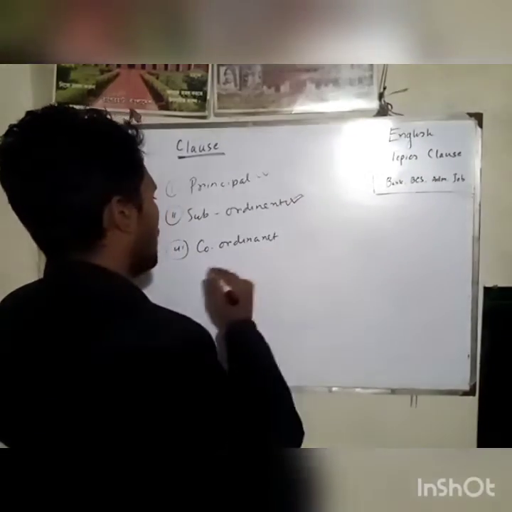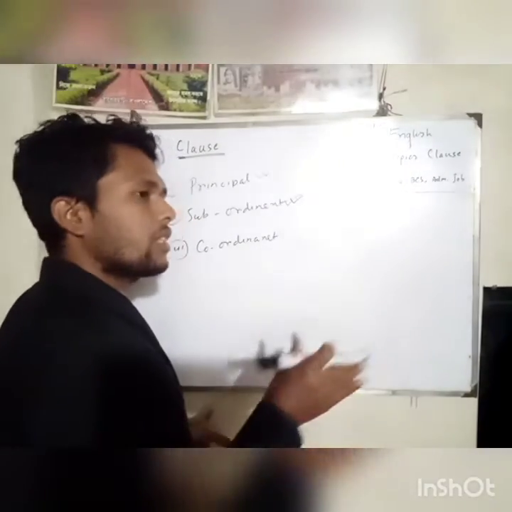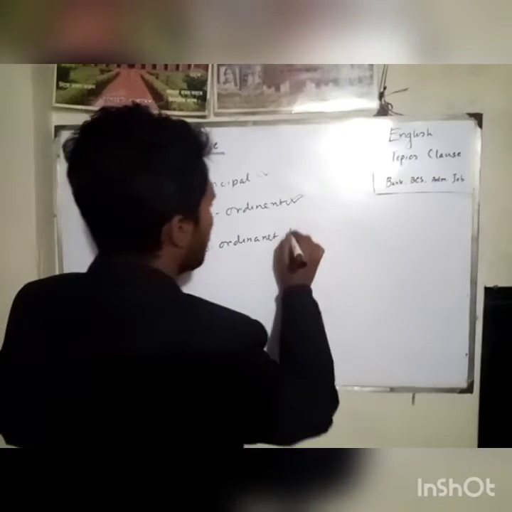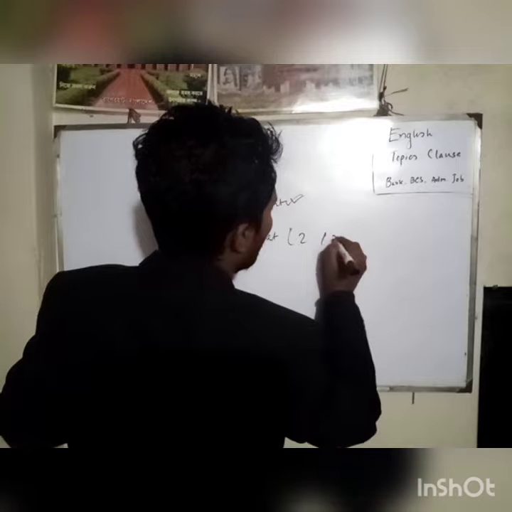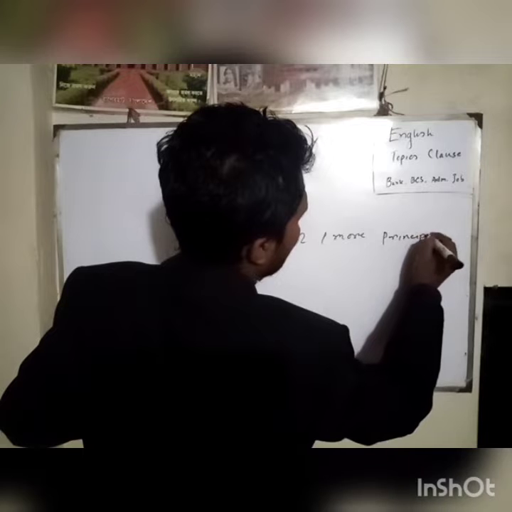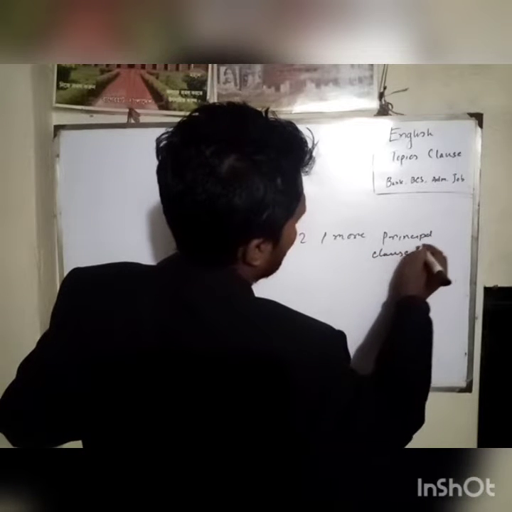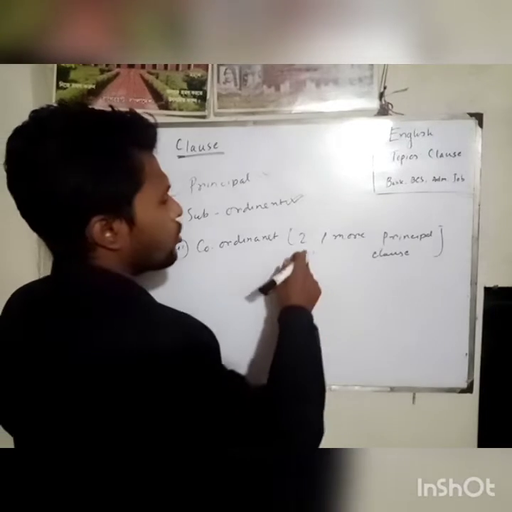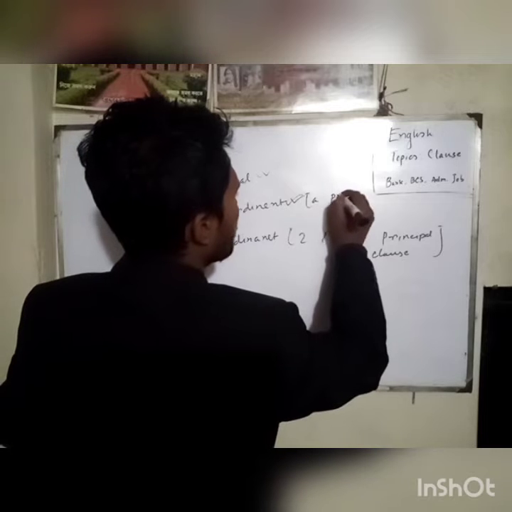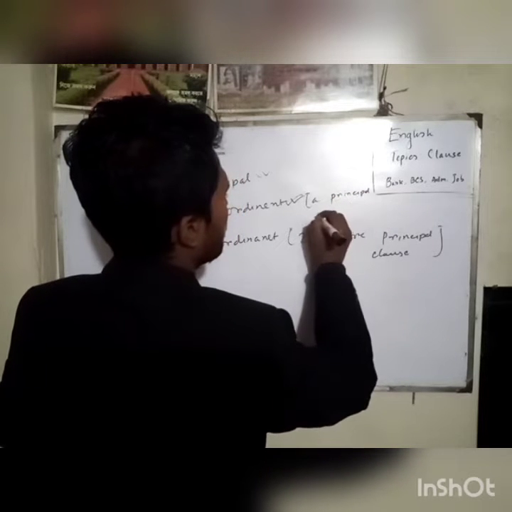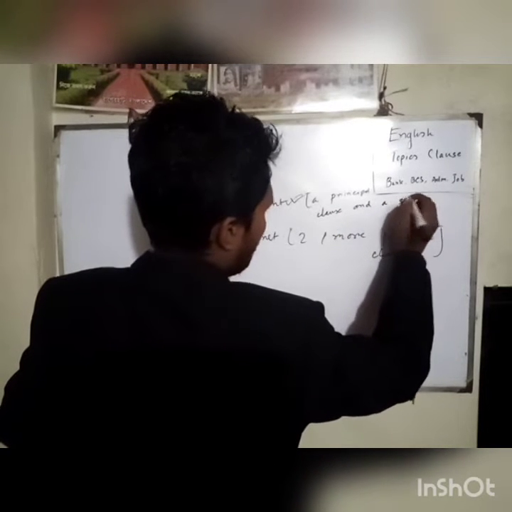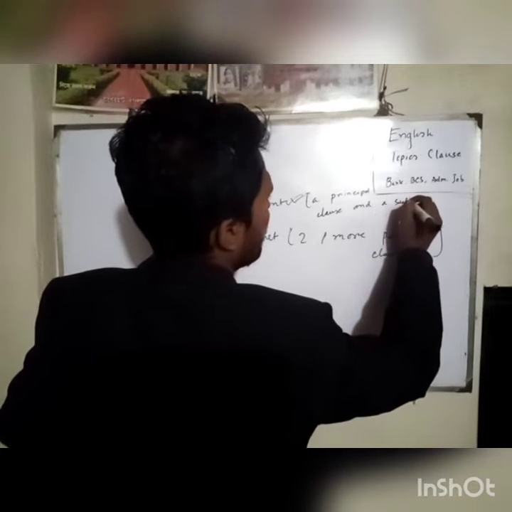A coordinate clause means two or more principal clauses. A subordinate clause means a main clause or principal clause and a subordinate clause.